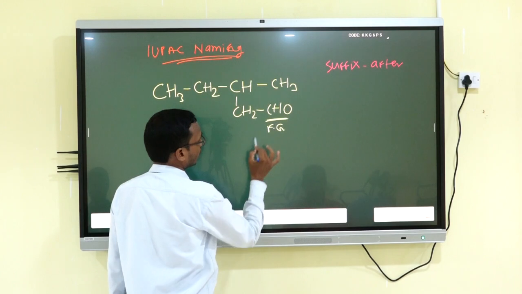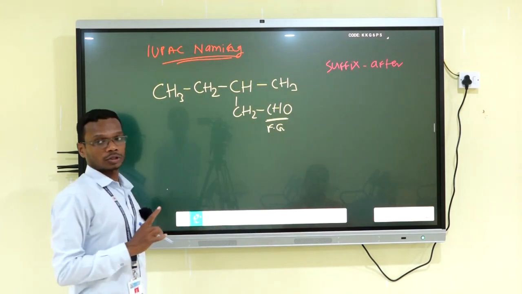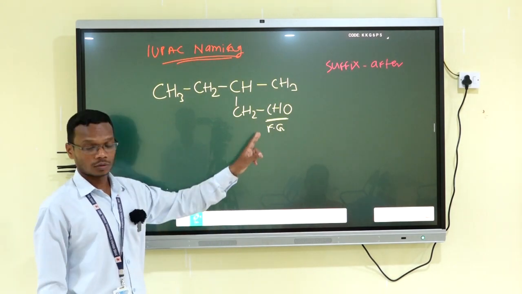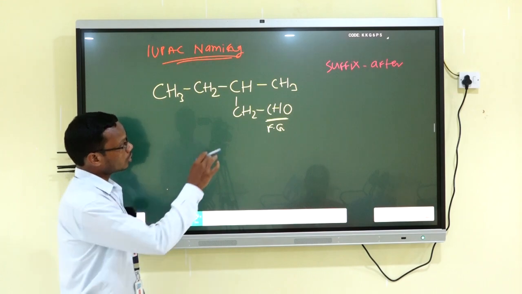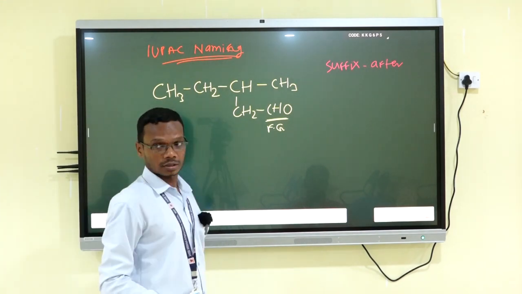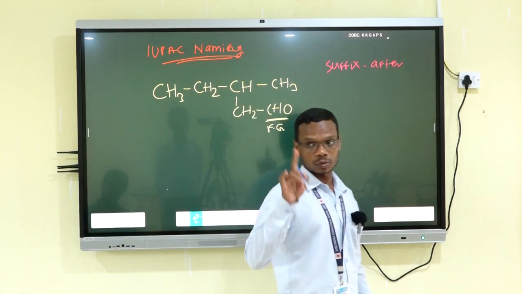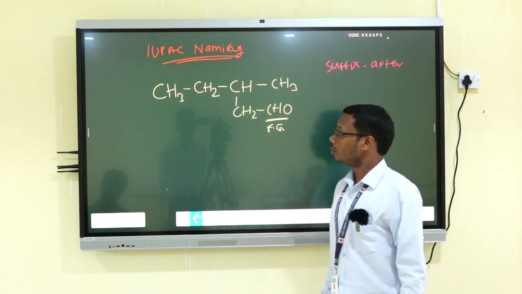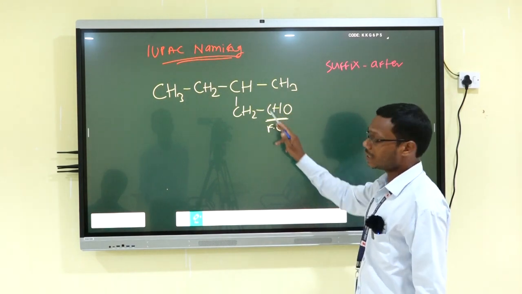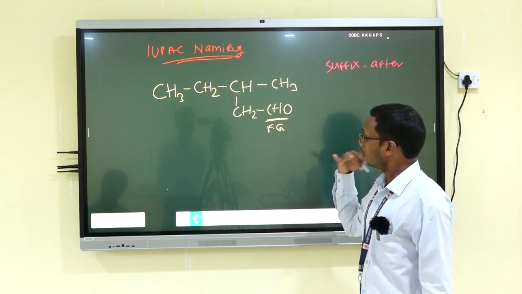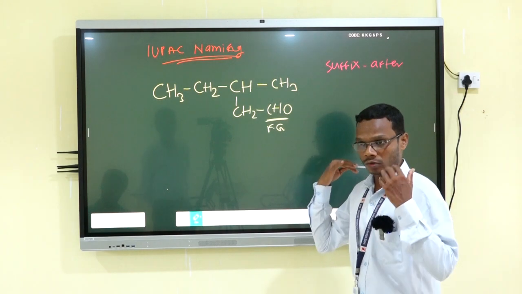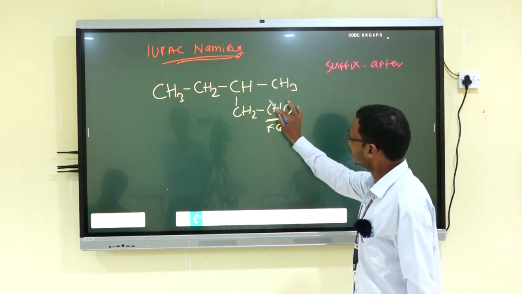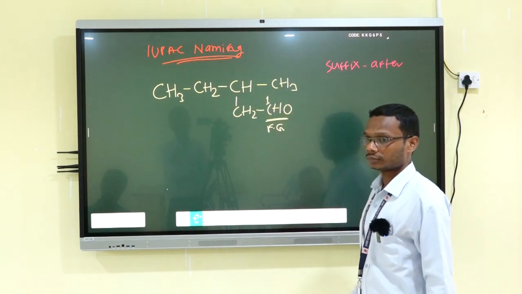Yes or no? What is the functional group of aldehyde? CHO. In aldehyde, the functional group CHO is always in the first position. So if there is CHO, without thinking about anything else, you choose this carbon as 1.